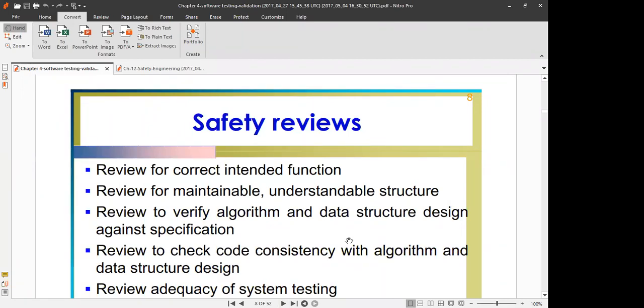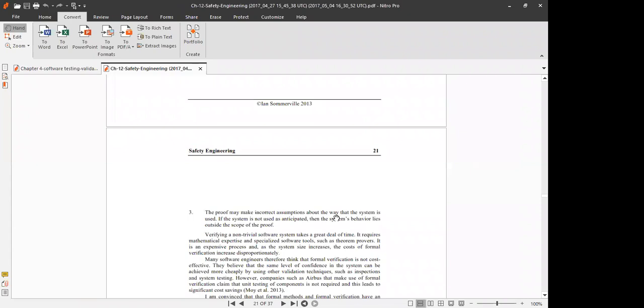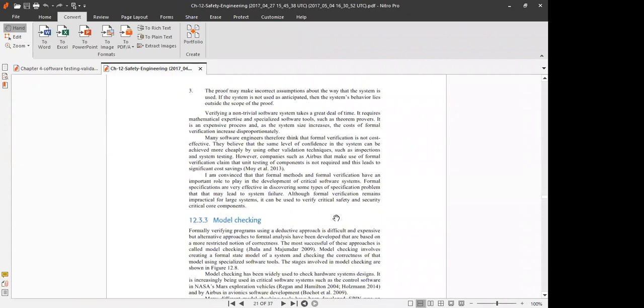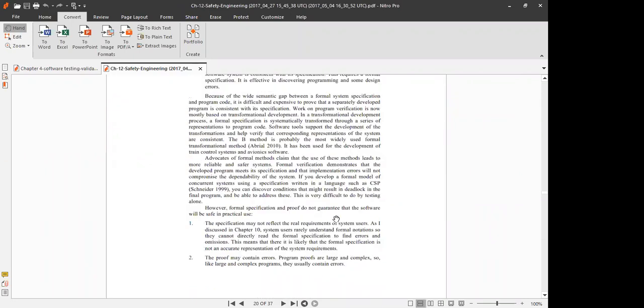Which pages talk about it here? If you check within the textbook, you'll see.